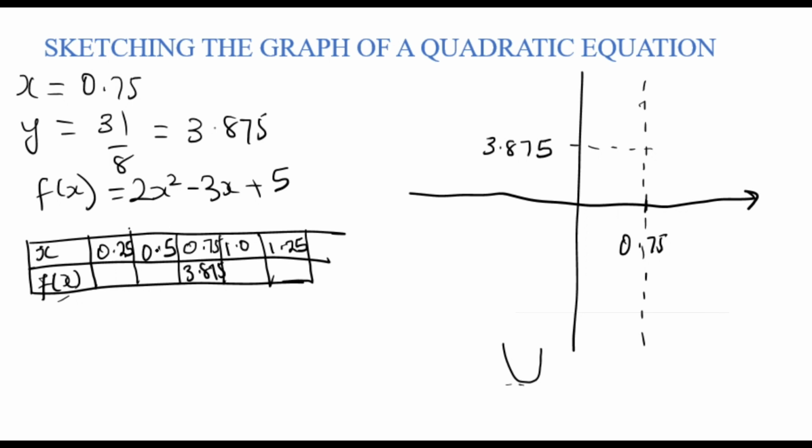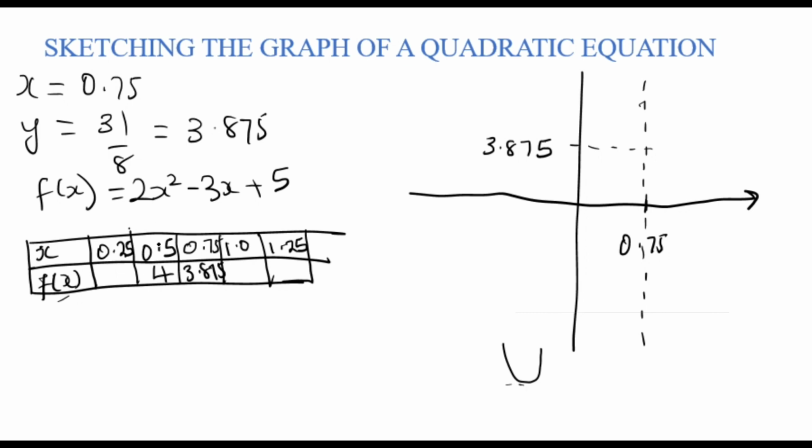So then let's mark. So that's already marked. Now let's substitute our x with 0.5. So 0.5 gives you a value 4. So now let's mark that on our graph.